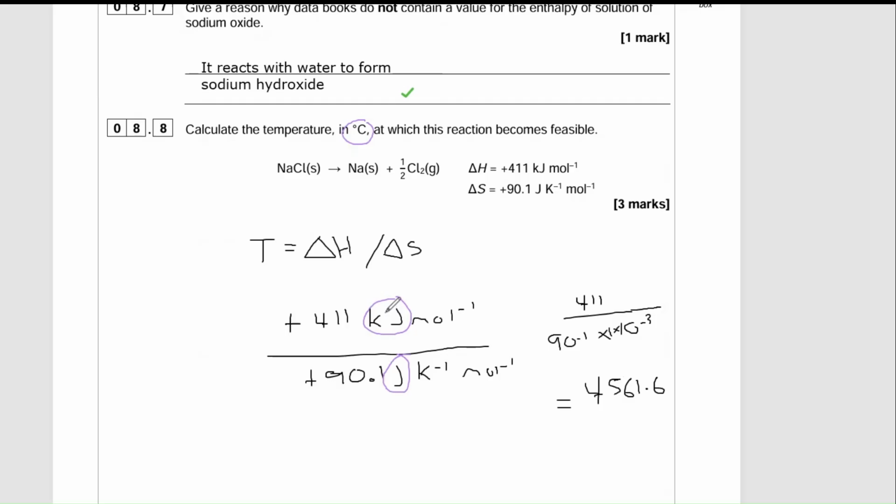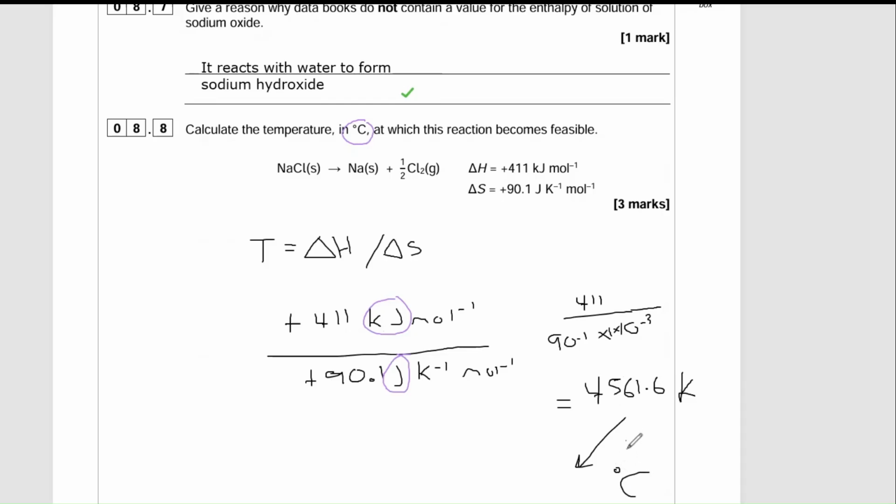4561.6. Now that means the joules have cancelled out. It's not even going to be per mole, the moles have cancelled out. The energy units we've made the same have cancelled out, so the only thing we're left with is Kelvin. And what we want to do is turn it into degrees.